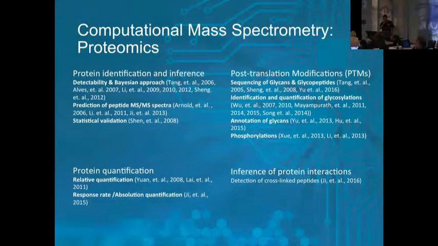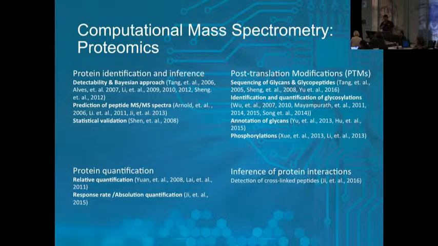There are four important problems that can be addressed by mass spectrometry proteomics: identifying proteins in a complex mixture, quantifying those proteins, called protein quantification, and studying modifications on proteins, such as the most complex modification called glycosylation, which adds a glycan molecule on certain amino acid residues of proteins.